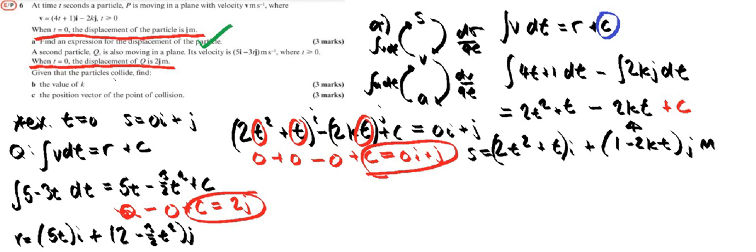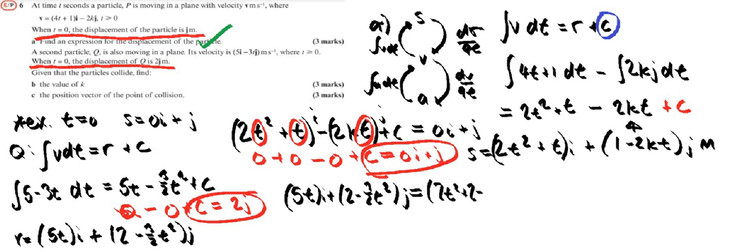Now, given that the particles collide, find the value of k. Okay, so what I know is if they collide, then my two vectors have the same position vectors in the same place at the same time. So that means that 5t i plus 2 minus 3 over 2 t squared j is equal to 2t squared plus t i plus 1 minus 2kt j.